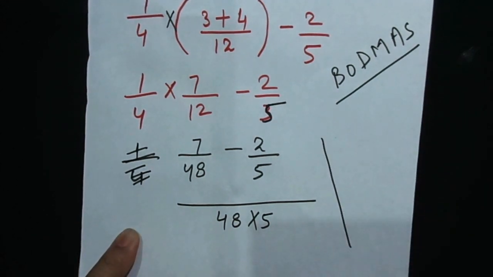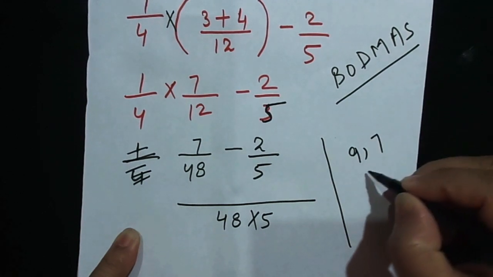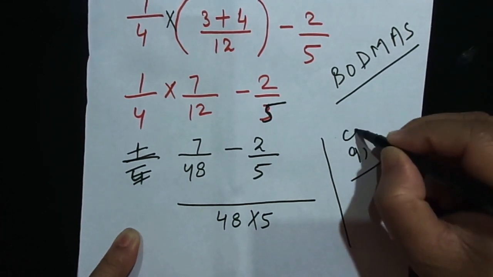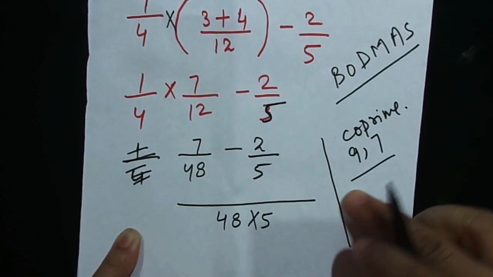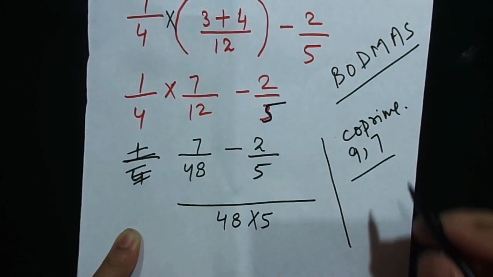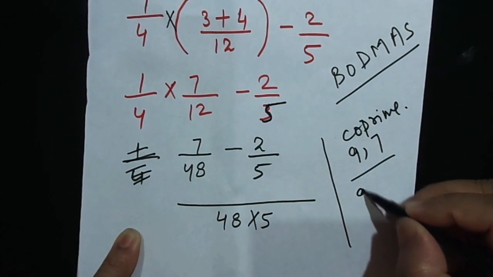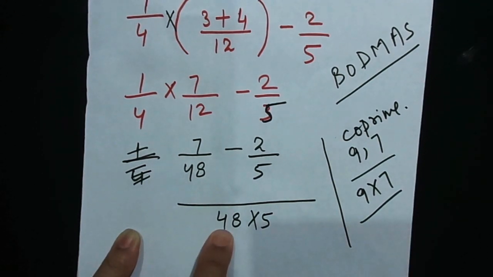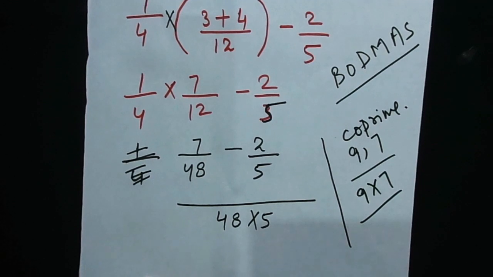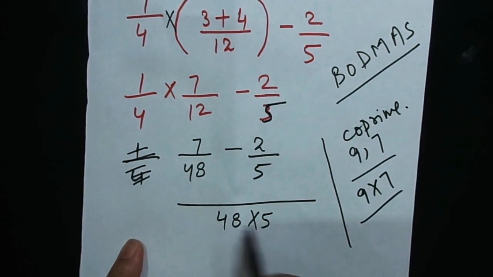When you have two co-prime numbers like 9 and 7, co-prime are numbers whose HCF is 1. So how to find the LCM of two co-prime numbers? By multiplying both of them. Similarly, I multiplied 48 and 5. It became easier.